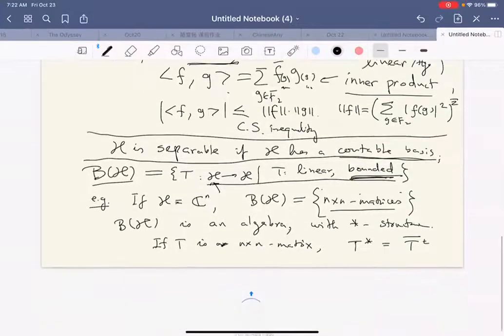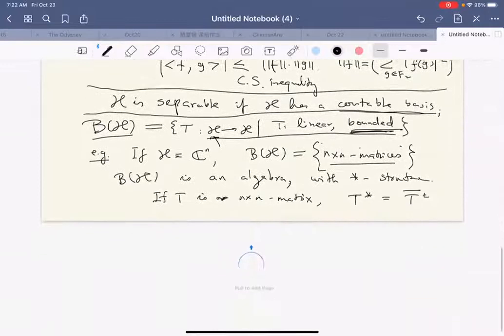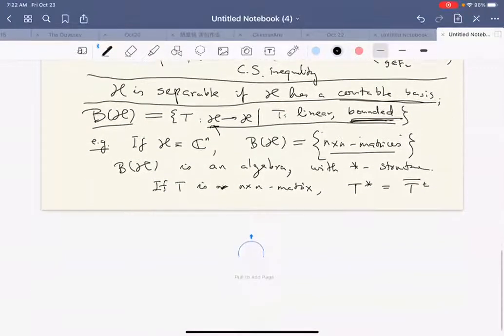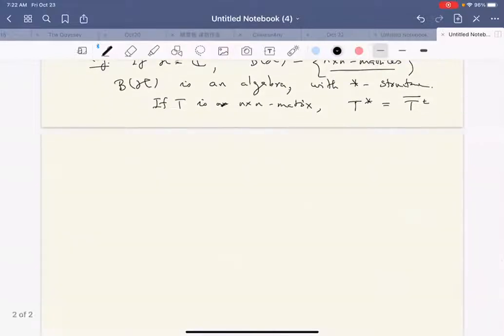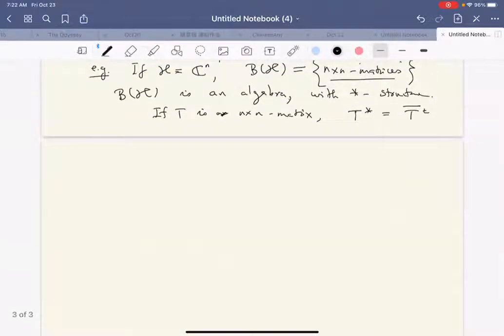In general, you might wonder, how do you define the star in a general Hilbert space? Well, you use the inner product. So let's say I have psi, eta in the Hilbert space, and T is a bounded operator on the Hilbert space.